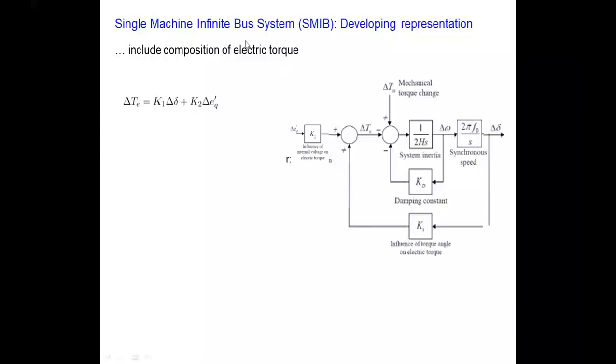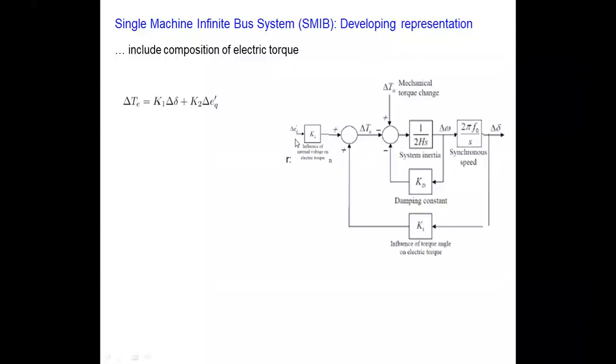We include the electrical torque part. As I said, in the SMIB representation we have several constants, but I will not go into detail on the derivation of the constants. For now, you can understand that the electromagnetic torque is represented in terms of some constants: K1 times delta, and another one, K2 times delta Eq prime, which is the generator internal voltage.